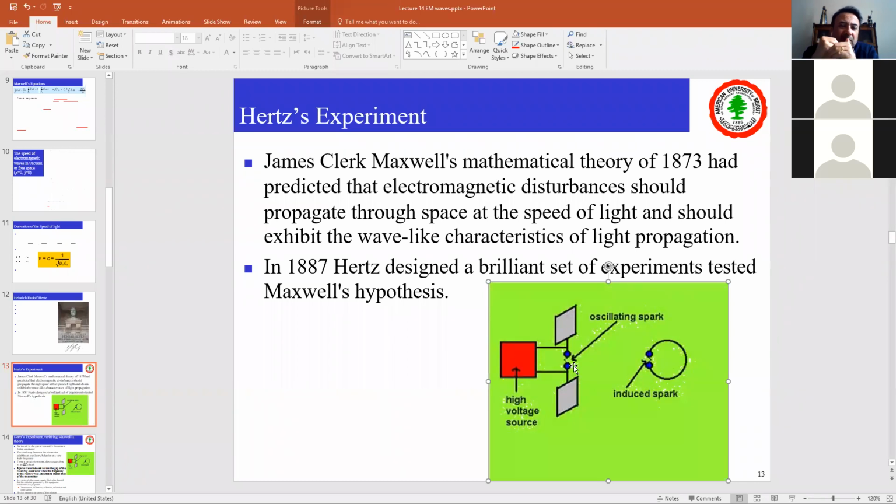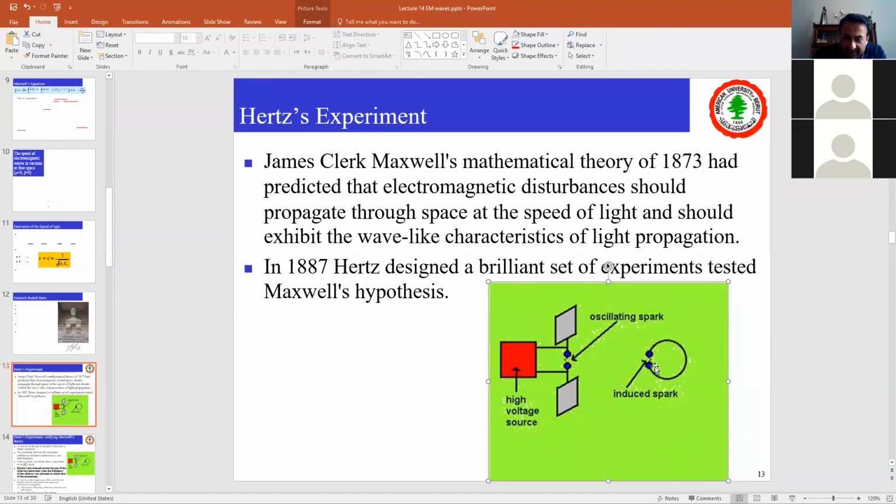And so when the voltage is high, they will make a spark between them. So he was able to generate sparks between these two conducting spheres. On the other hand, far away, he simply had a wire.